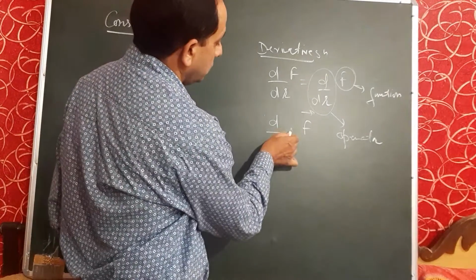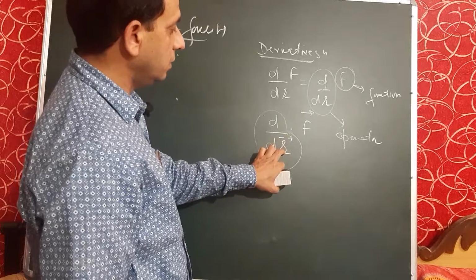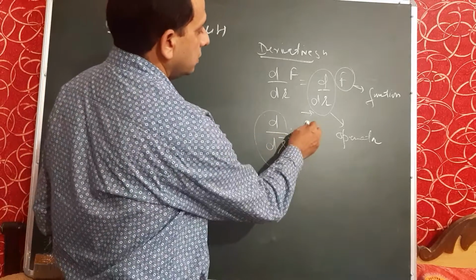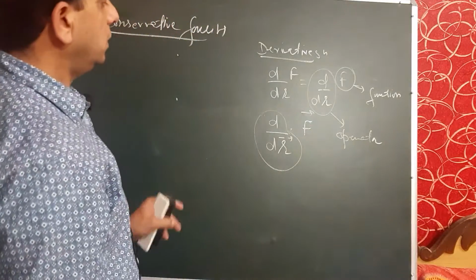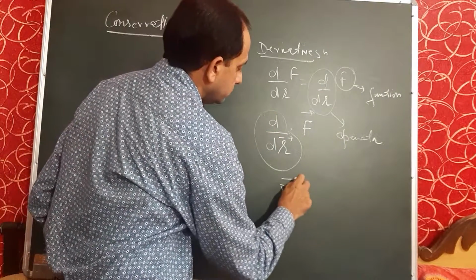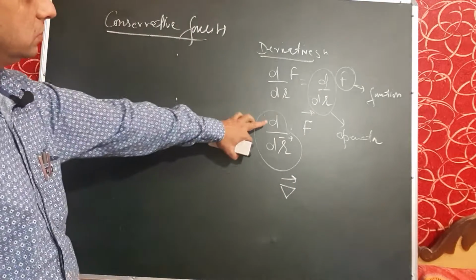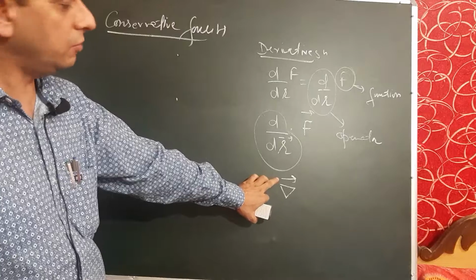If this operator d/dr is a vector quantity, and this function may be vector or may be scalar, then this operator is called the del operator. So, d/dr may be written as del vector.